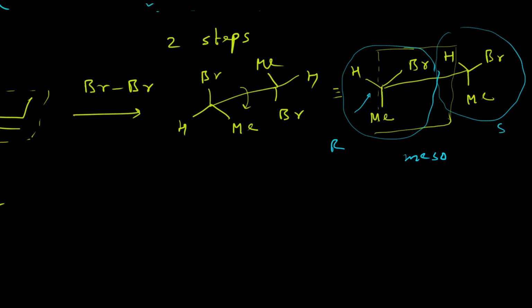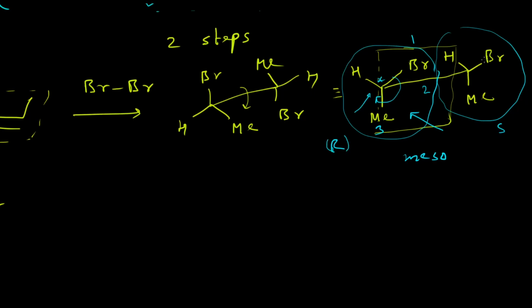For example, in this case, let us find out the configuration of this carbon center. So bromine will be number 1 priority group, then this big group will be 2, and methyl will be 3. So 1, 2, 3 clockwise direction. If we look from this angle, hydrogen is below the plane, so it will be of R configuration.